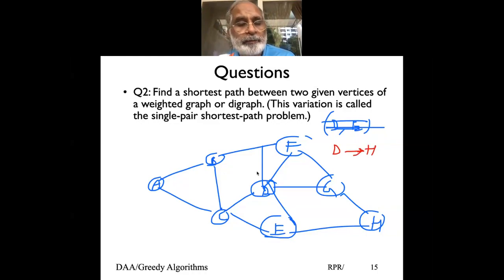Any answers? Given a random graph, or any graph, I need to find the distance between two vertices. Let's say given this graph, I would like to find the distance from D to the vertex H. Using Dijkstra algorithm, how would we proceed? Anyone like to answer? Either you can use your mic or you can type in the chat box.